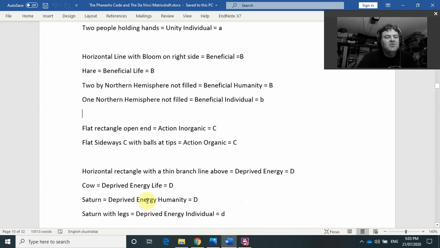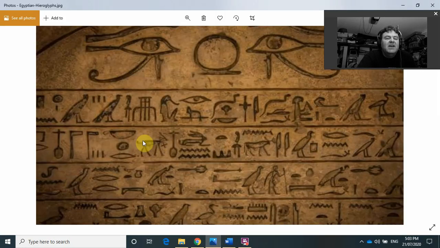I've mentioned it in the previous videos, but deprived does mean separated from all the negative energy aspect, right? And it's represented as a cow. So this is the cow here. Yes, there he goes. Okay, and the hare.